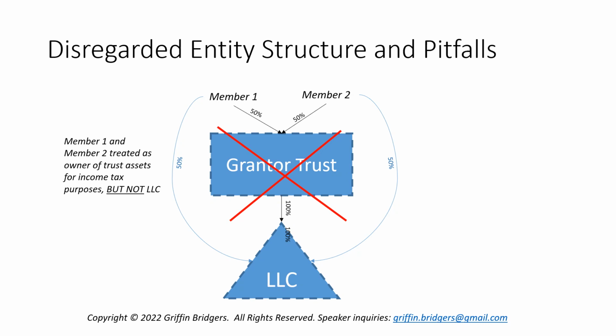But you have to look through the Grantor Trust, and you have to look at the relationship of member 1 and member 2 to the Grantor Trust. If they put in 100% of their membership interests, after the Grantor Trust gets it, you're still going to look through the Grantor Trust and treat member 1 and member 2 as if they're still 50% members in the LLC. So the LLC cannot be a disregarded entity so long as the trust is a Grantor Trust.